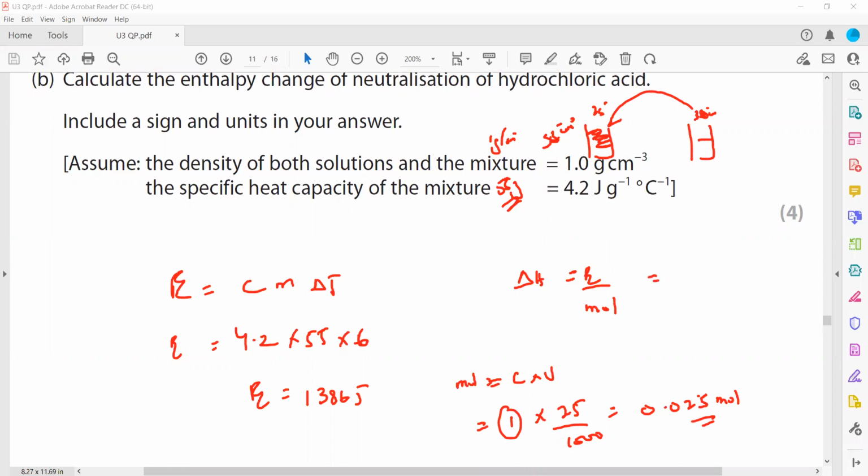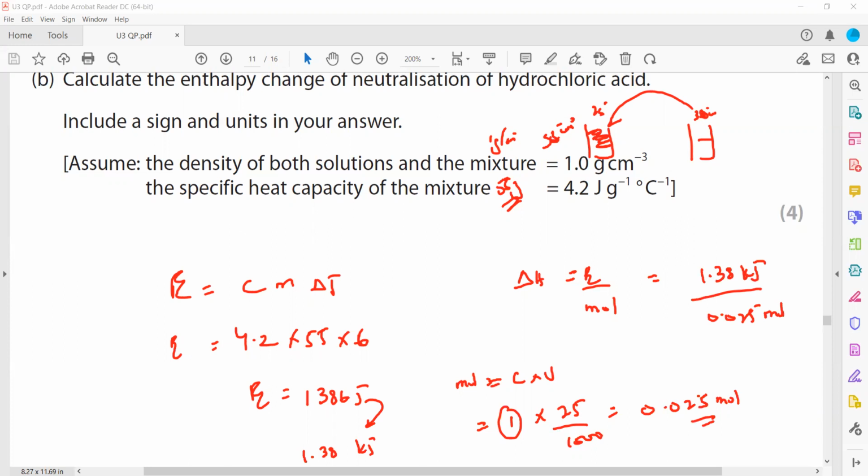Now we need enthalpy change per mole. The 1386 is in joules, but the SI unit of enthalpy change is kilojoule per mole. So we have to convert this into kilojoules, divide by 1000, so it will come out as 1.386 kilojoules, divided by the number of moles, 0.025 mole.